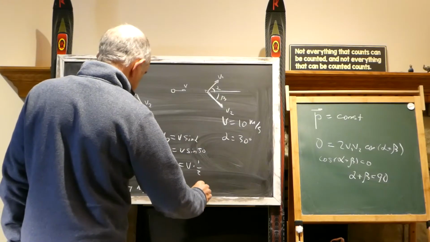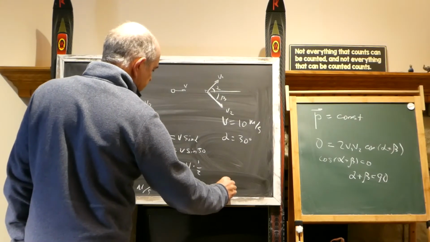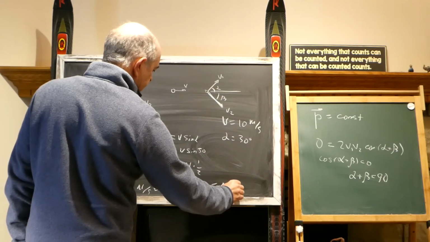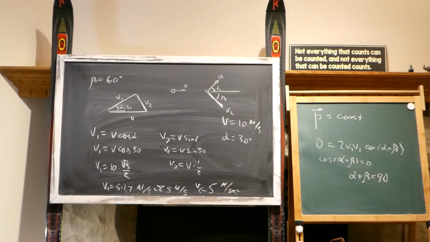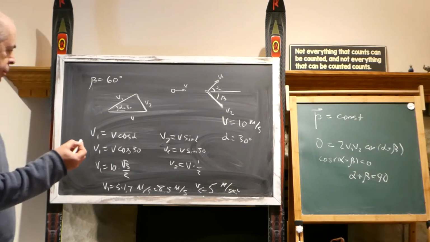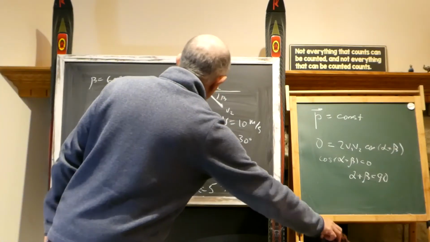And V2 equals 10 and half would be 5 meters per second. And basically that's almost it, because we answered the questions, we found V1 and we found V2.